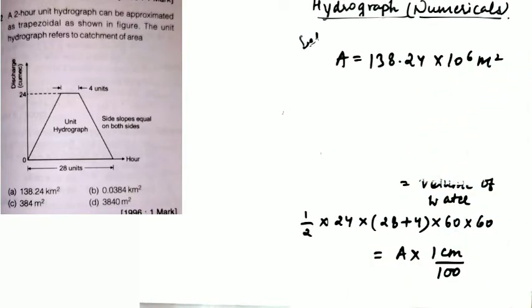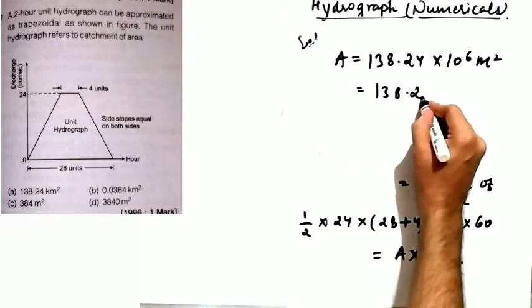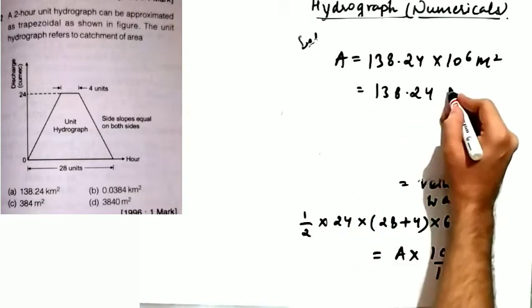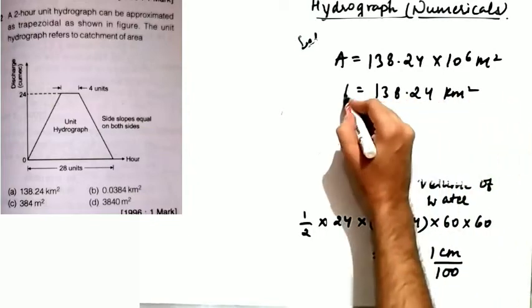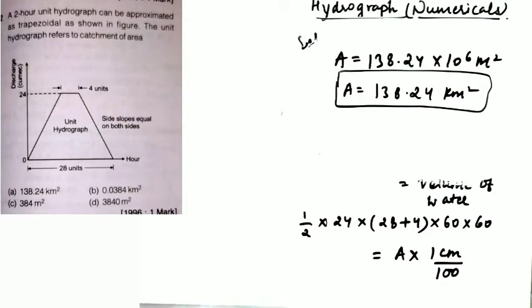Since no option has this much power, rather convert it into kilometer square. So it will be near about 138.24 kilometer square. So this is the area of the catchment which was represented by that hydrograph.